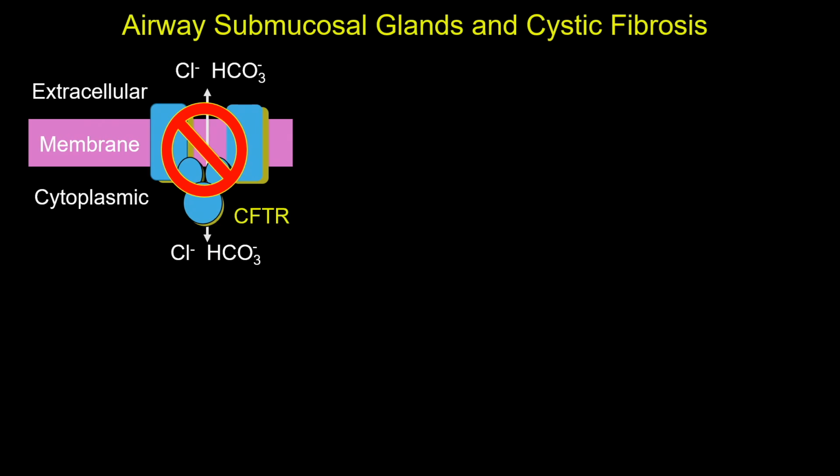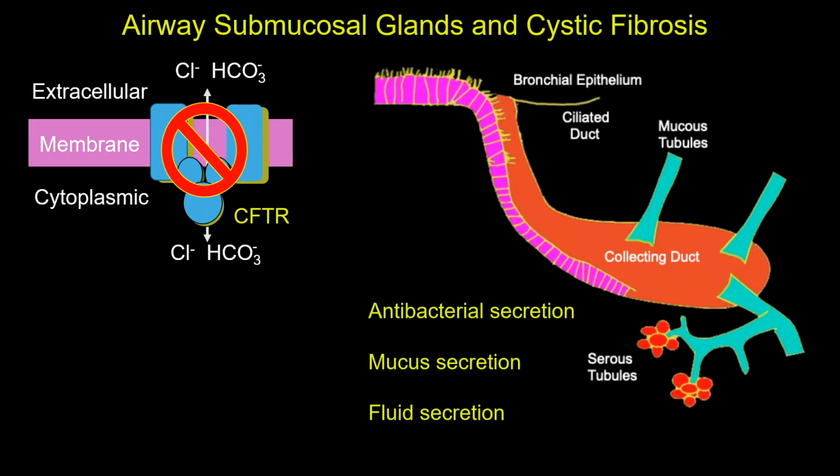Cystic fibrosis is a lethal autosomal recessive genetic disease caused by CFTR mutations that disrupt chloride and water transport, leading to thick mucus, infection, and lung damage. Airway submucosal glands, also called SMGs, are the major source of airway mucus. Located in the cartilaginous airway, they secrete antibacterial factors, mucus, and electrolyte fluid to maintain homeostasis.